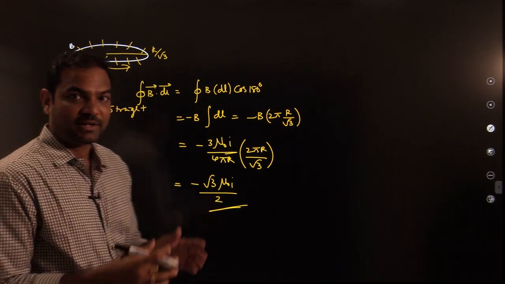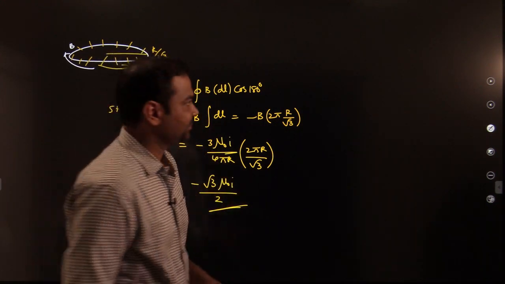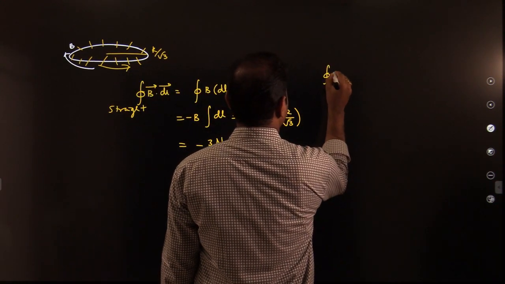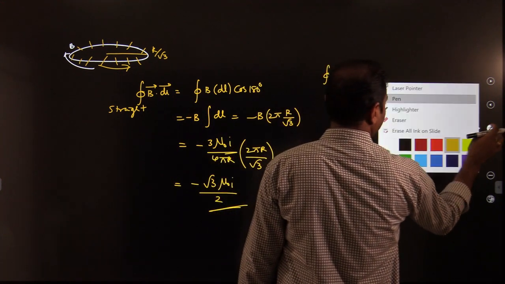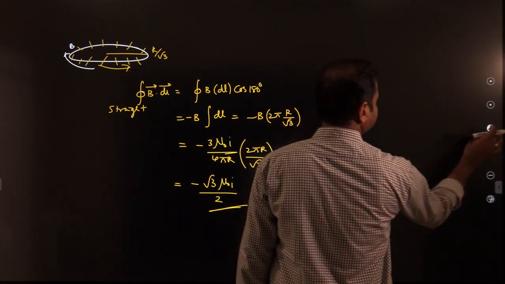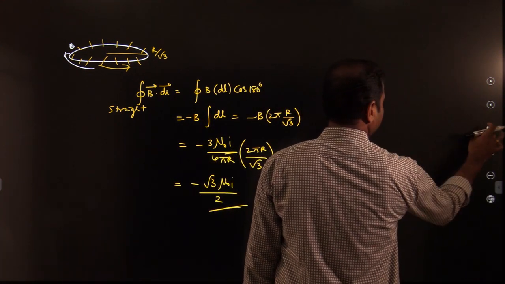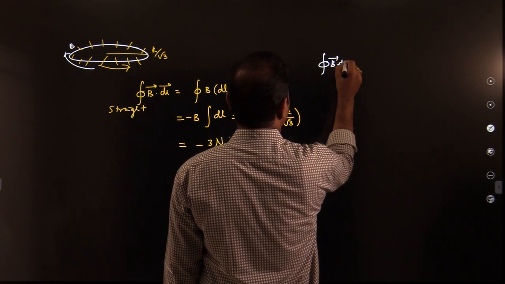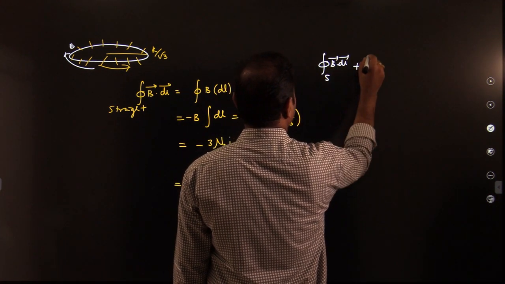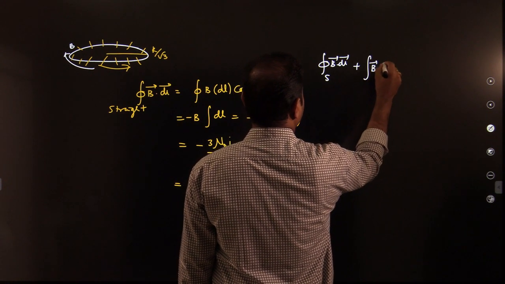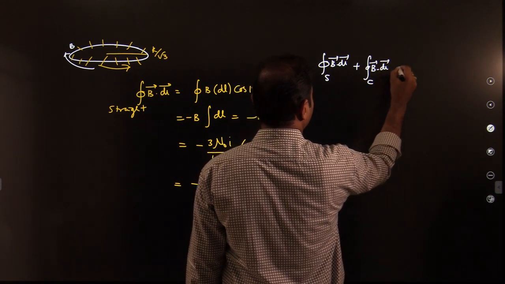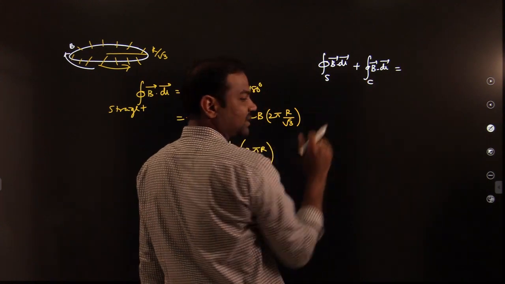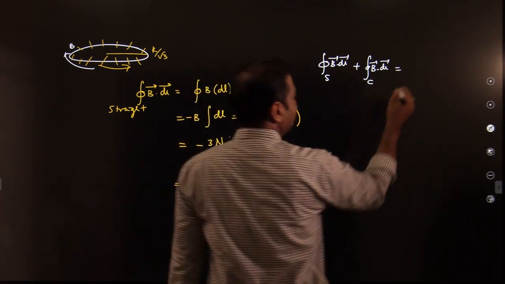But the required thing is the line integral due to the semicircular part. So I will go another way. The line integral of B dot dl due to the straight part plus the line integral of B dot dl due to the circular, semicircular part, where C means circular part and S means straight part, is equal to how much?